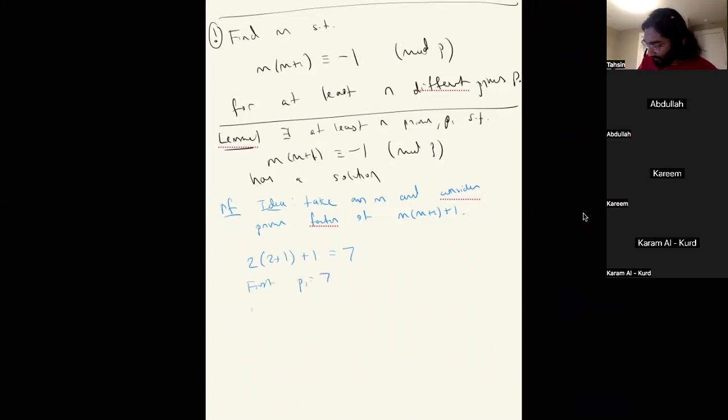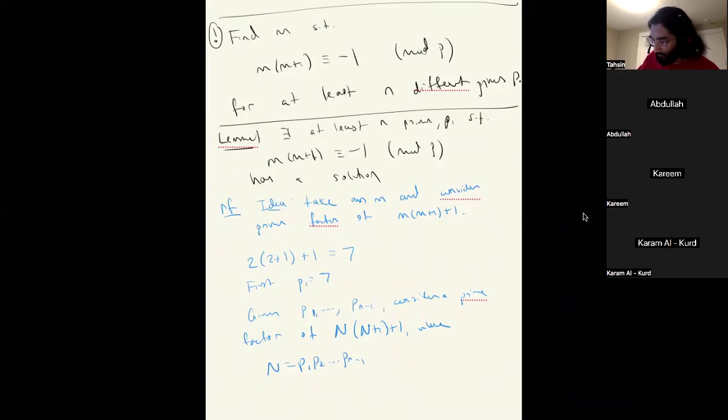And then we say, given P1 through Pn minus 1, I can consider a prime factor of N times N plus 1 plus 1, where N is the product of all of them, P1 times P2 times up to Pn minus 1. Okay, prime factor, yeah.